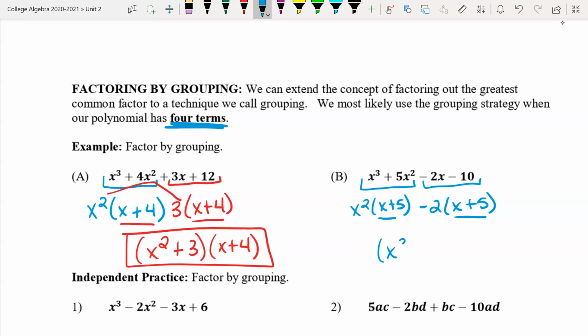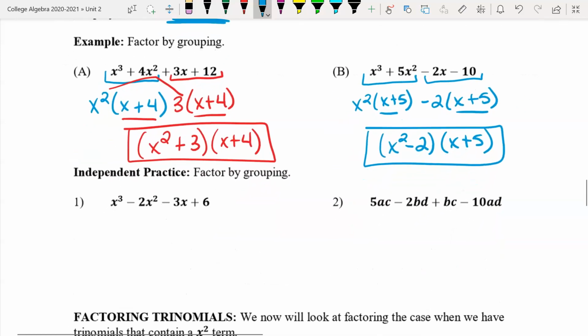Then you can rewrite it. Again, I strongly encourage you to pause the video and try these problems. For independent practice right here, pause it and practice 1 and 2.